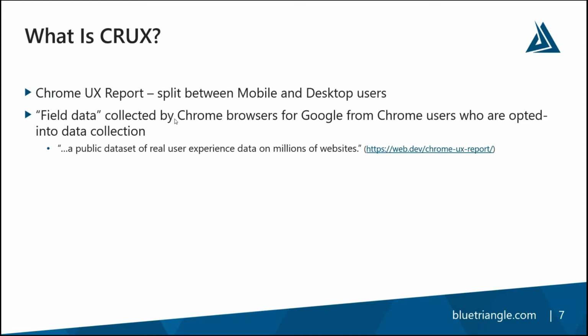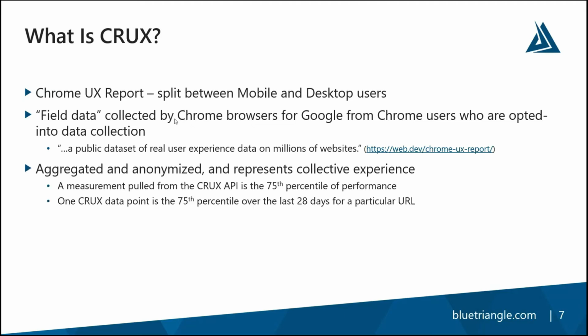There's no way we can do that or legally provide that information. Google just allows you to access this because it's available. The end users basically have opted into it, quote unquote, for the collection and aggregation purposes. This aggregated and anonymized data represents a collective experience.